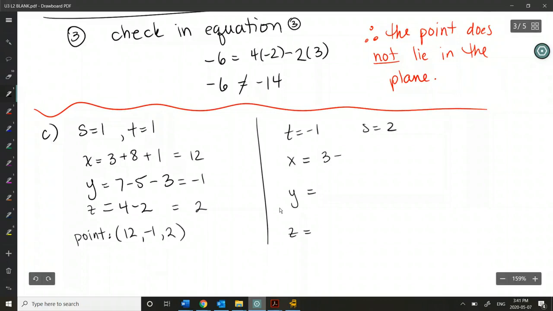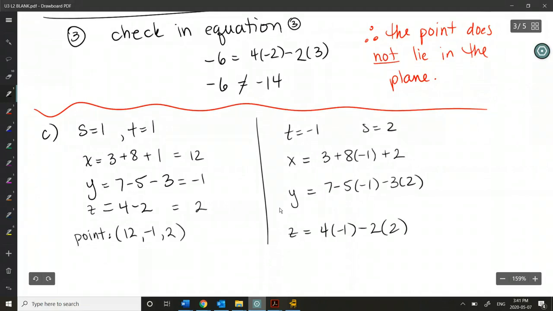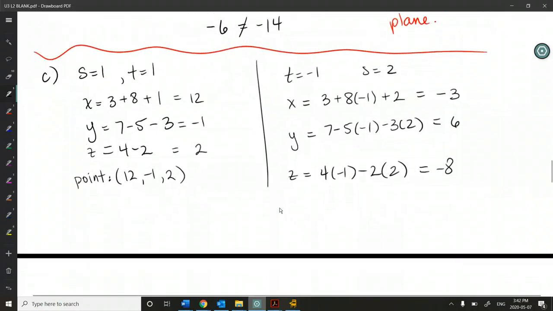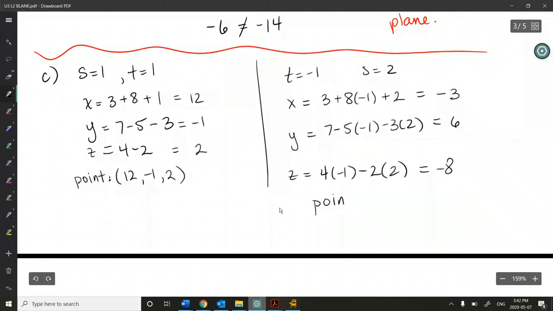So we'll get 3 plus 8 times negative 1 plus 2, 7 minus 5 times negative 1 minus 3 times 2, and 4 times negative 1 minus 2 times 2. So take a second and simplify those. And you should end up with 3, 6, and negative 8. So here's another point that is in our plane.